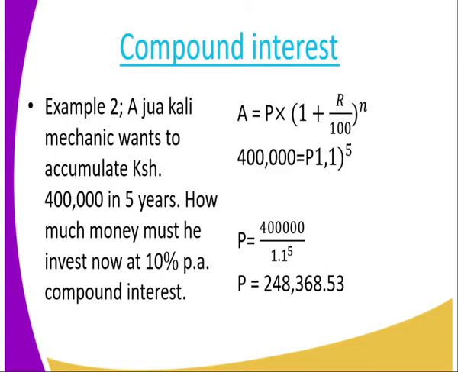So in that case, it is principal multiplied by 1.1 raised to power 5. So we divide both sides by 1.1 raised to power 5. So you get the principal as 248,368.53. That's how I get that principal.